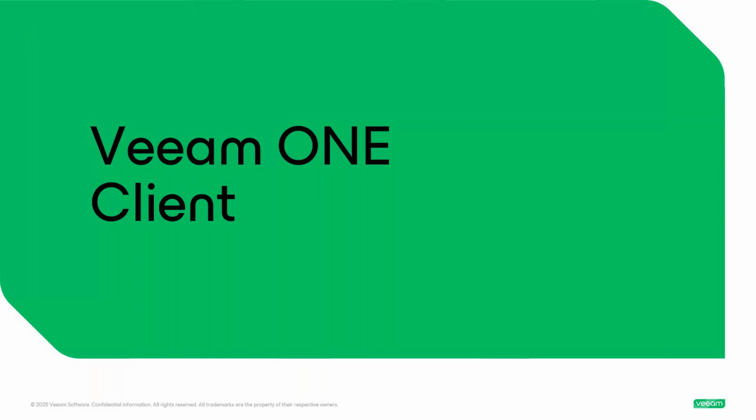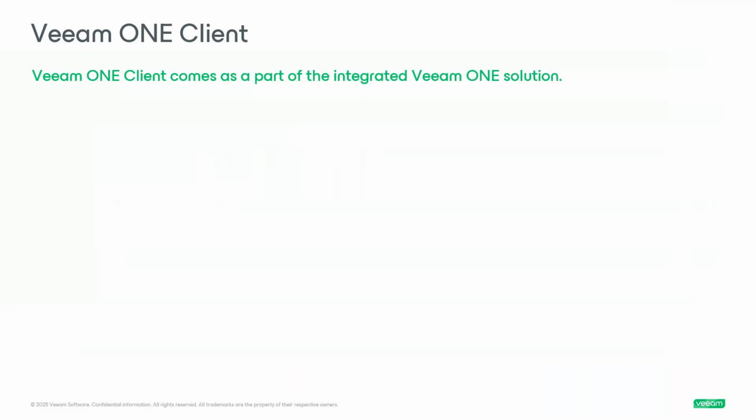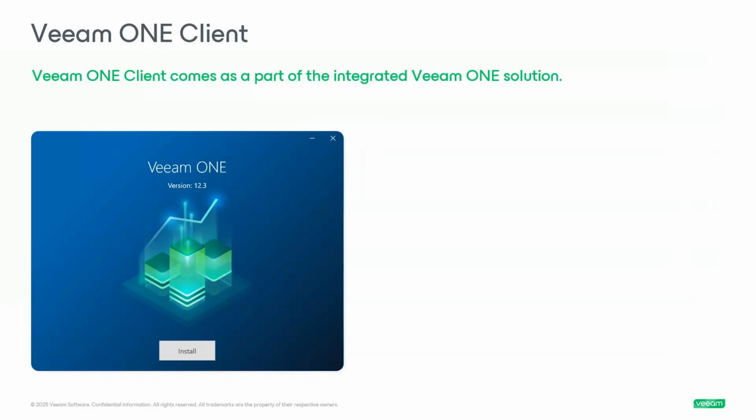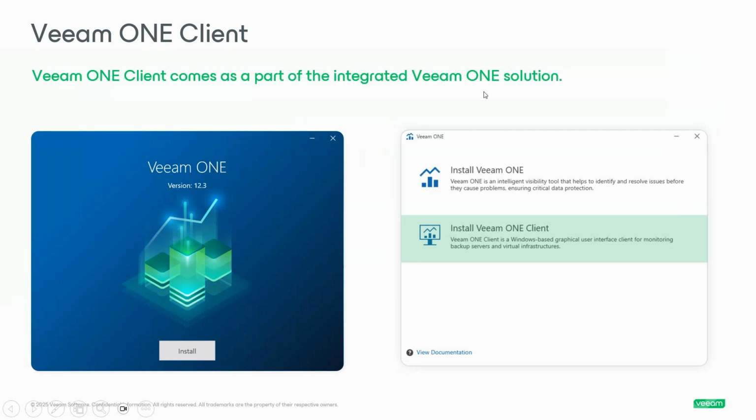All right, next we will talk about the Veeam ONE clients. It's one of the two big UIs of the product. In the list, when you do the installation, this is the tool that we are talking about right here.